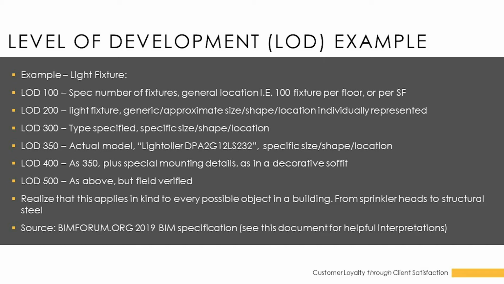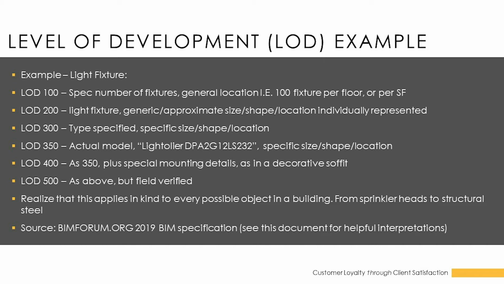When we get to LOD 300, which is easy to do with laser scanning, the types of those lights are differentiated and they're shown in their exact location. So for instance, a metal halide light might be shown in your BIM model as specifically looking like a metal halide light, versus a fluorescent light would be shown looking exactly like a fluorescent light. And of course, their specific sizes, locations, orientations are all shown in your model.